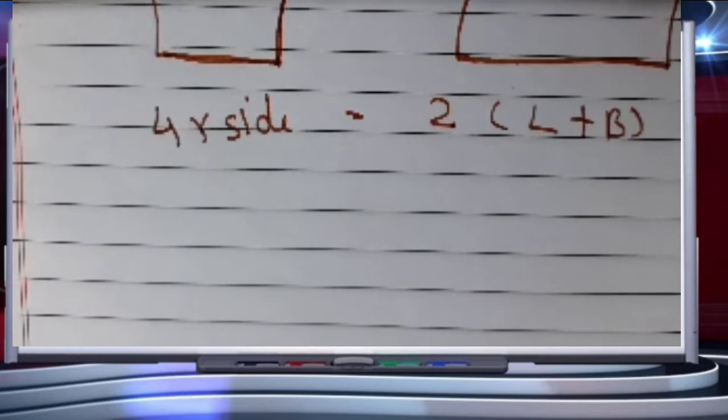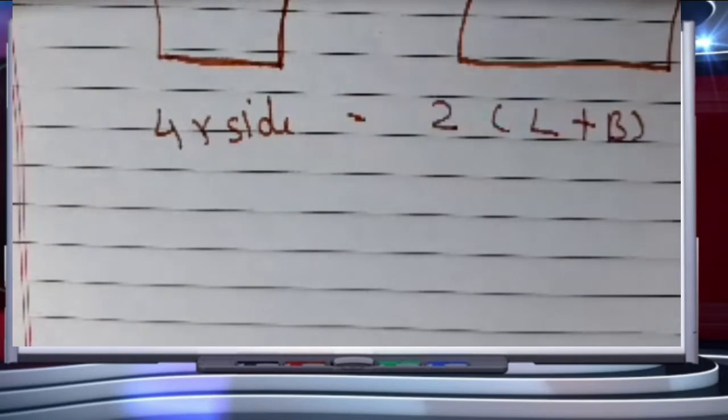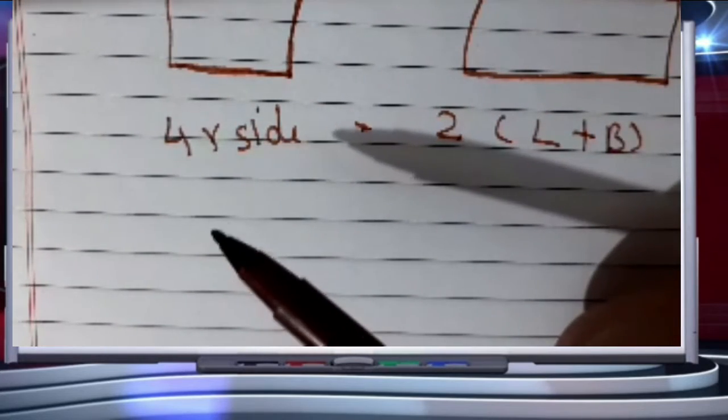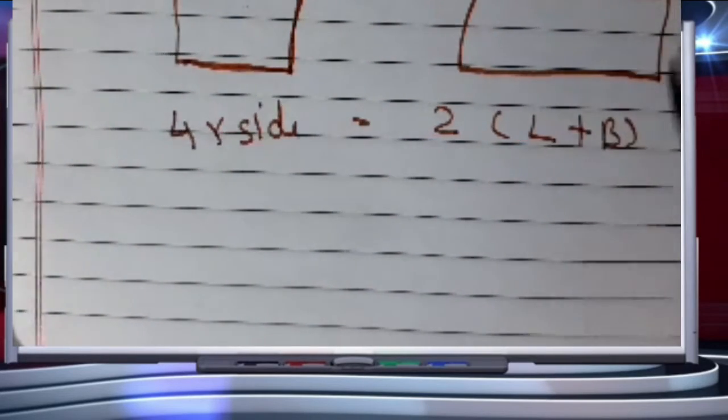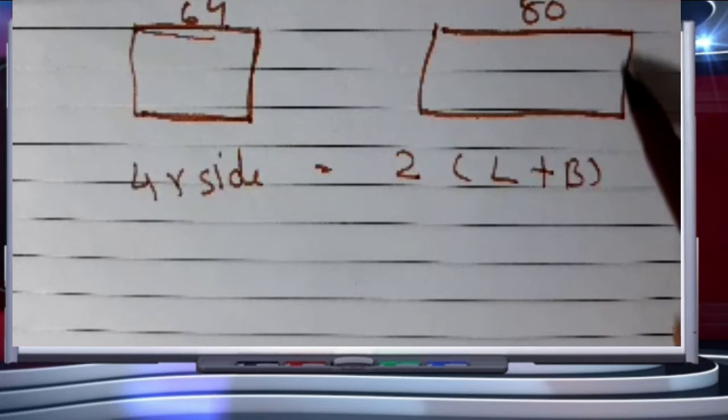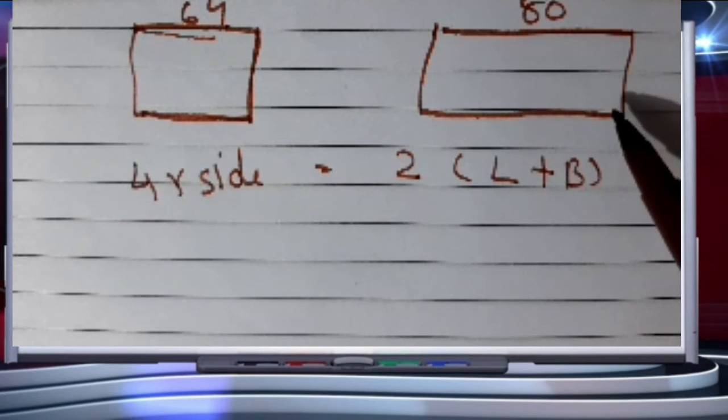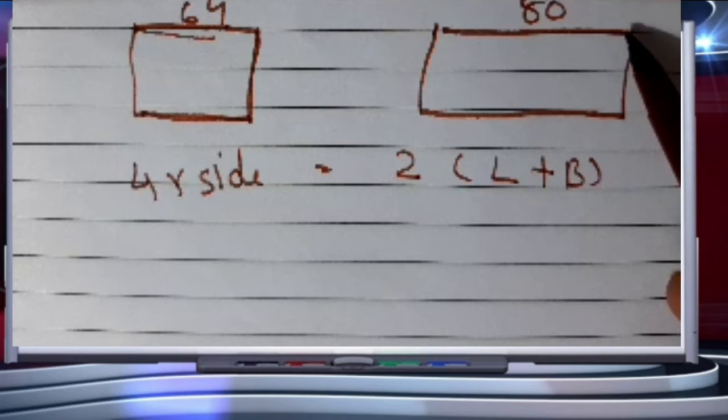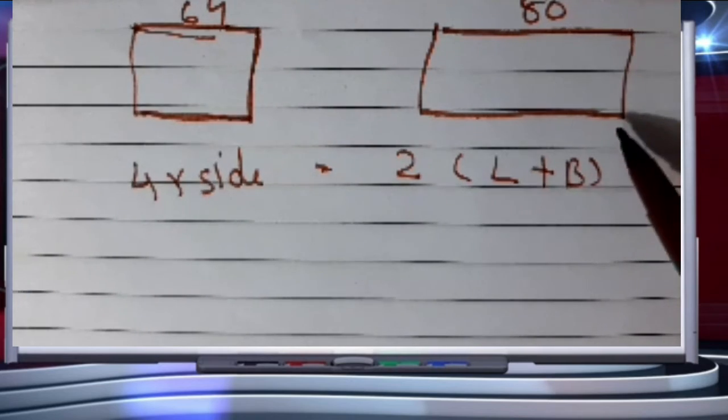So for area we need to find out length and breadth of this rectangle and the side of this square. The side of this square is given 64 and length of rectangle is given 80. Breadth of rectangle is not given. But to calculate the area, we need the breadth also. So first of all, we will find the breadth. How we will find the breadth?